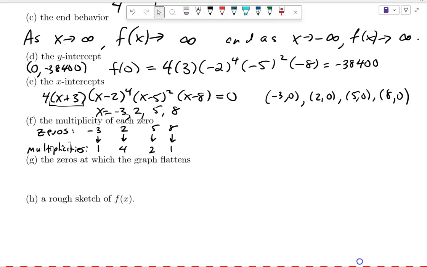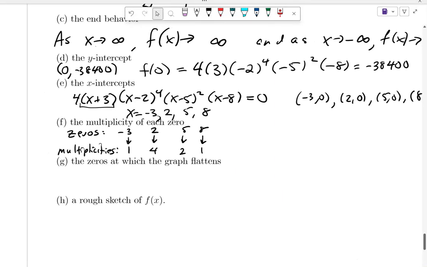If it's greater than 1, yeah. So if it's greater than 1, it flattens, right? It doesn't matter if it's even or odd. It's just if it's greater than 1, it flattens, right? So where does this one flatten? 2 and 5. Good.